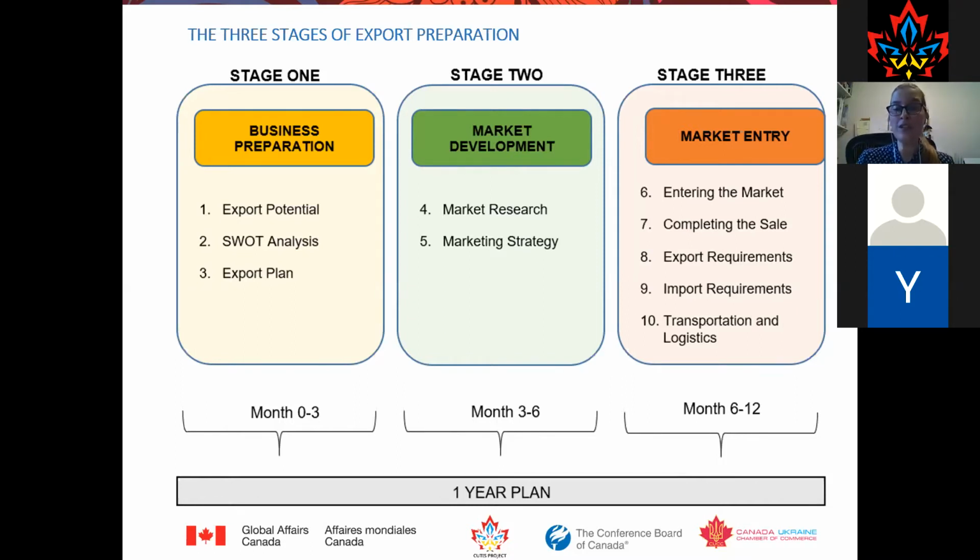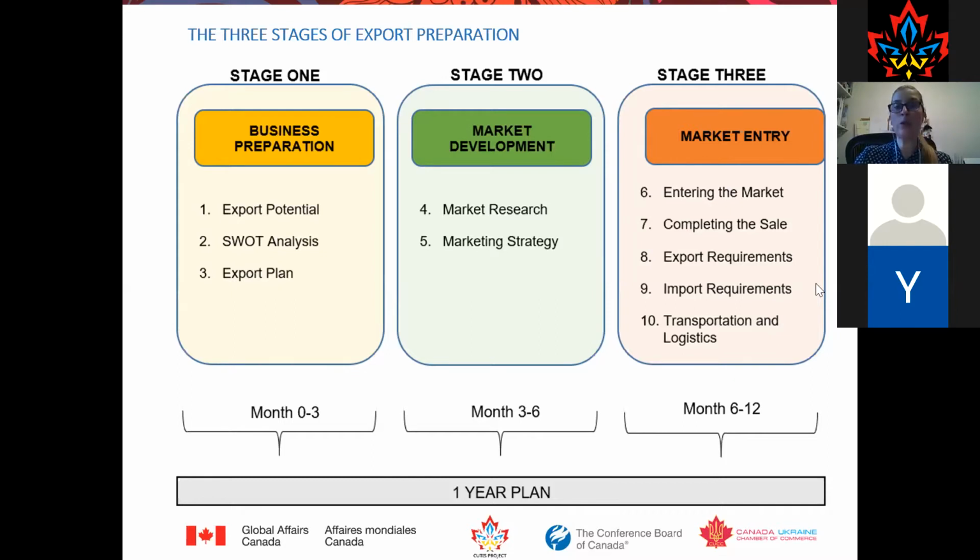Once we have the plan ready, have done the market research and understand the market behavior, we're ready for stage 3: to contact the buyers, to complete the sale, to look at the requirements, and the transportation and logistics. This is the last one that we're going to see.